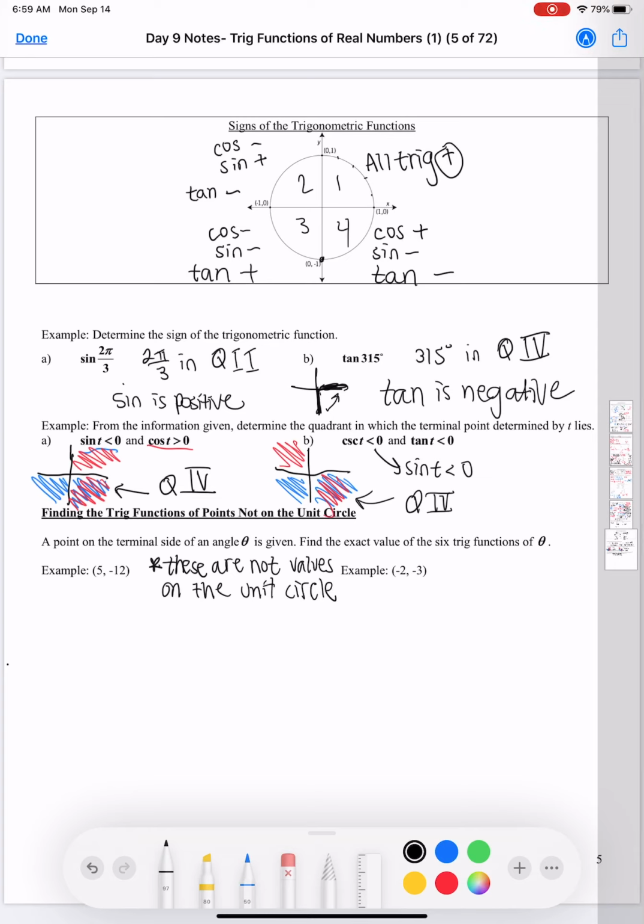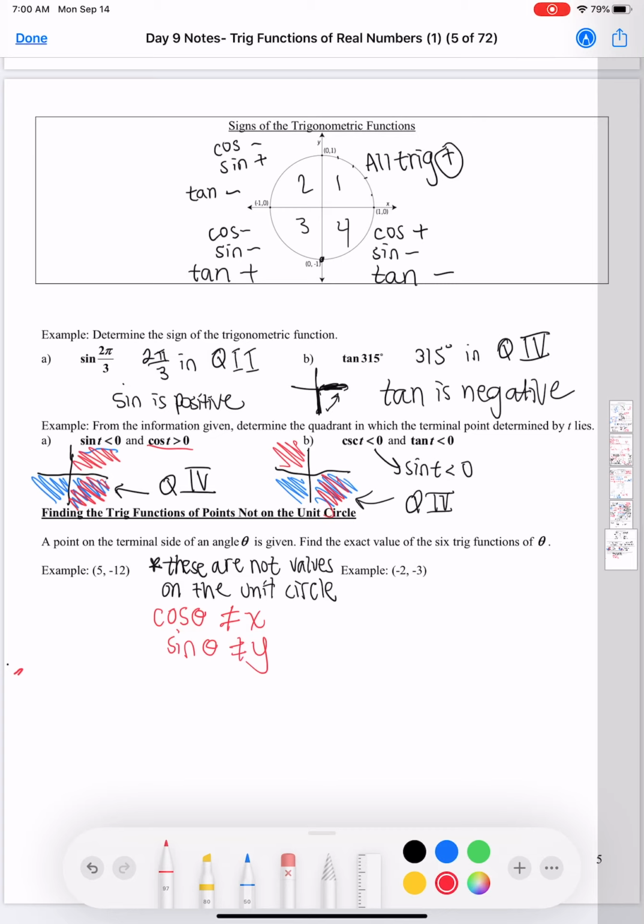So the point -2, 3, you won't see that anywhere as a point on your unit circle, nor 5, -12. And so in this case, this is super, super important because these do not lie on the unit circle. Cosine cannot equal x, and sine does not simply equal y.